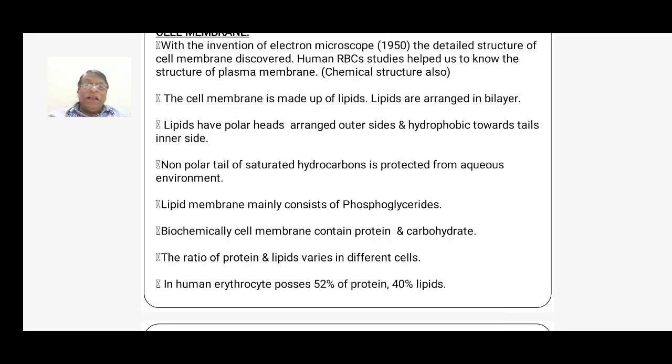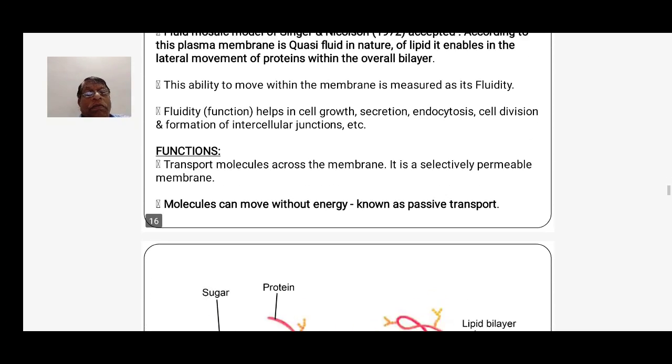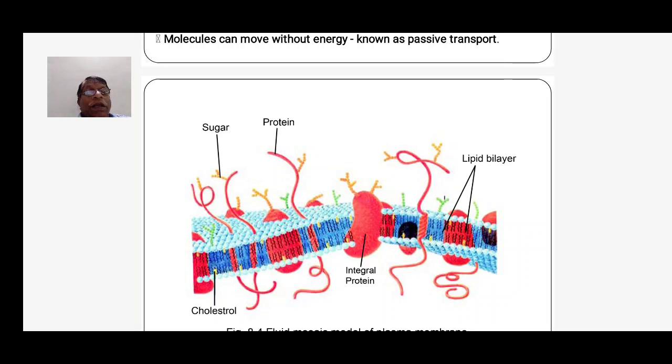Biochemically, the cell membrane contains protein and carbohydrate. Once again, just look at the diagram for protein and carbohydrate. See the protein and carbohydrate.